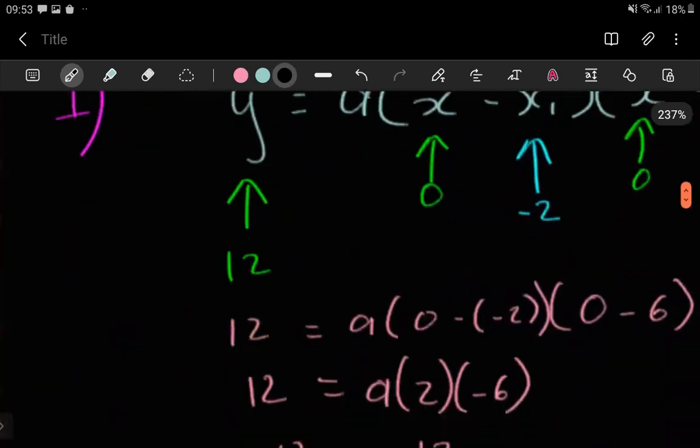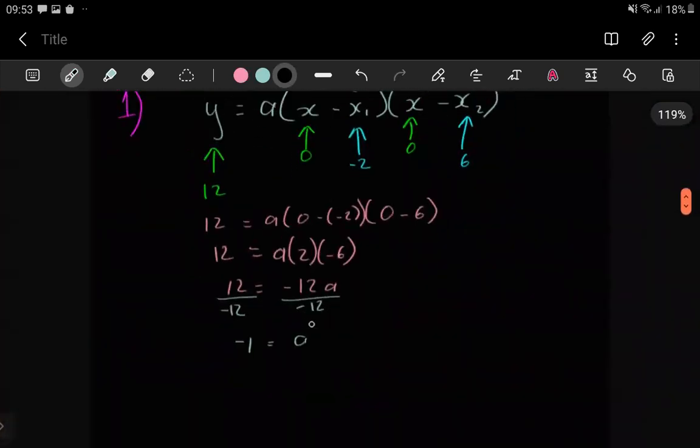Now, this is where things get easy. Once you have a value of a, you're home free, because in this equation here, you can now just put in a value of a, a value of x1, a value of x2, and then just multiply out the equation.